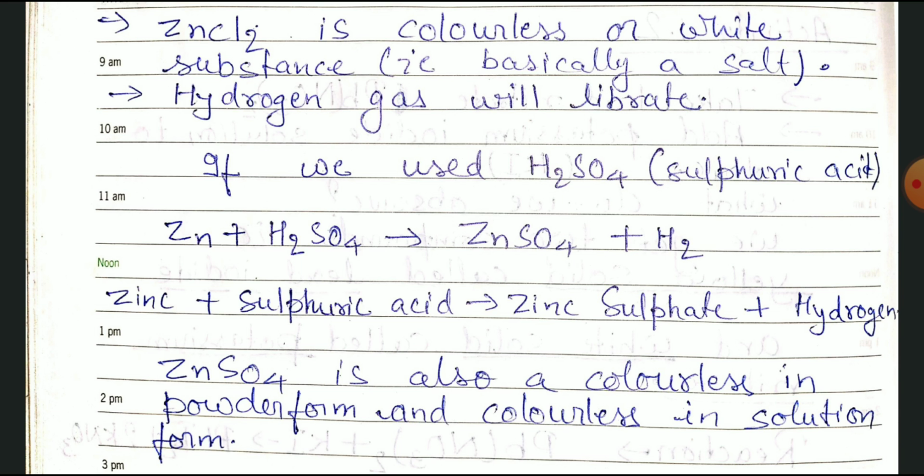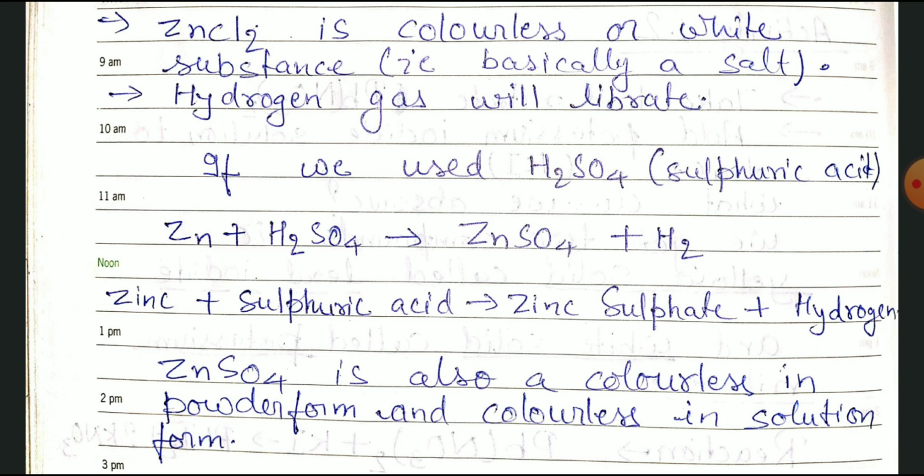What if we use sulfuric acid? So zinc plus H2SO4, we are adding sulfuric acid to it now. What we get is zinc sulfate plus hydrogen gas, which is released or liberated.